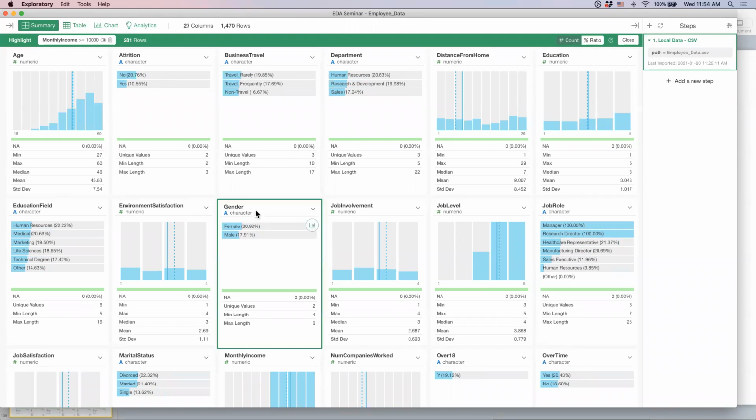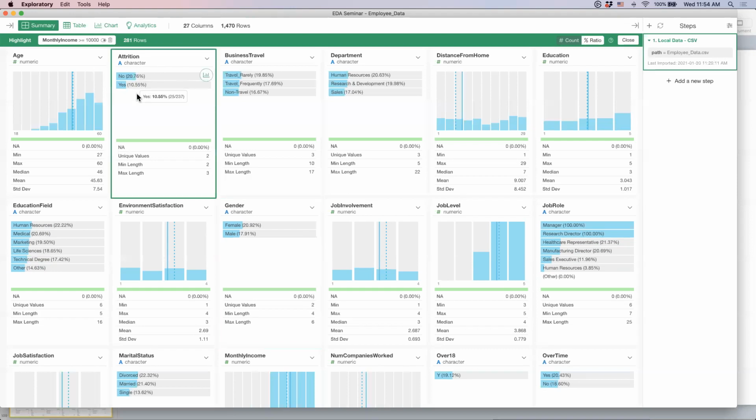And then gender, female has 20%, so it seems there are more female employees in this higher income range. And attrition, I can see a big difference. The people who haven't left tend to make higher income. It kind of makes sense, but nonetheless.